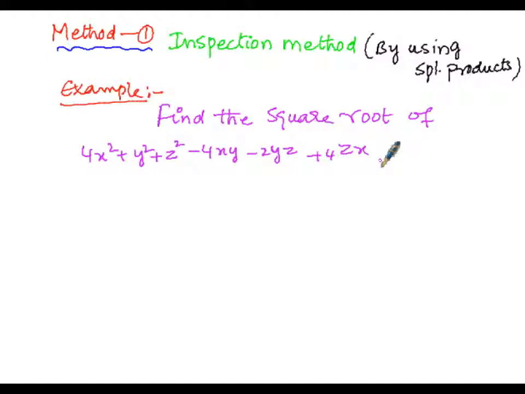There are 3 plus 3, that is 6 terms in the given algebraic expression. So, here we have to find the square root of this algebraic expression consisting of 6 terms.